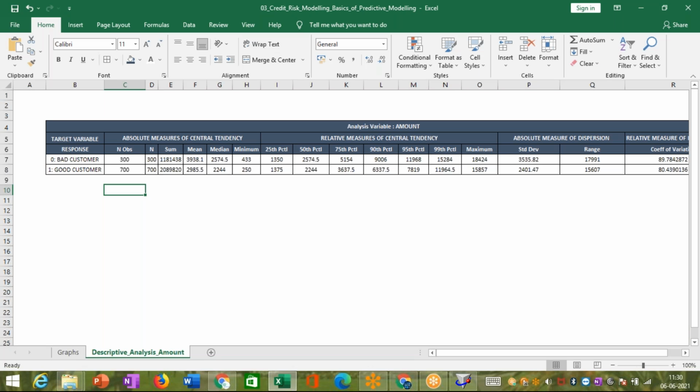Now comes the next part. The next part is the total sum of the exposure. What proportion of the total exposure has been given out to the good customers, and what proportion of it has been given out to the bad customers? That is something that we need to see, right? So let's say the percentage difference, right?